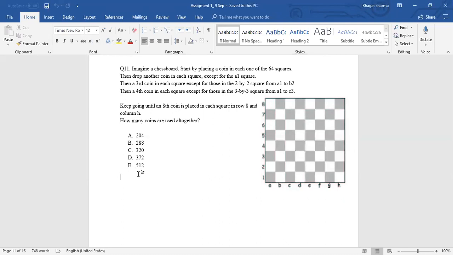So I multiplied 64 into 8. And then for each of the different ones, I reduced 1, and for the second one, I reduced 2. Like that, if I kept doing it, I thought I would get 372. I'm not that sure.